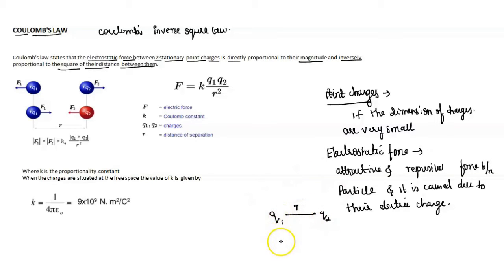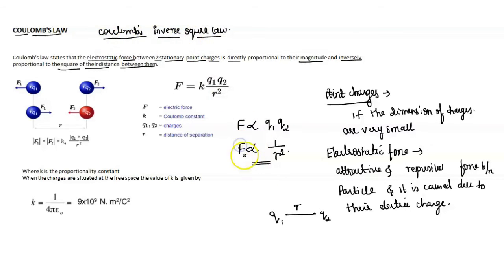If we have two point charges Q1 and Q2 separated at a distance r, what is the electrostatic force between those two stationary point charges? That is described by Coulomb's law. F, the electrostatic force, is directly proportional to the magnitude of charges Q1 and Q2, and inversely proportional to the square of the distance between them. So now we know why the law is named Coulomb's inverse square law.